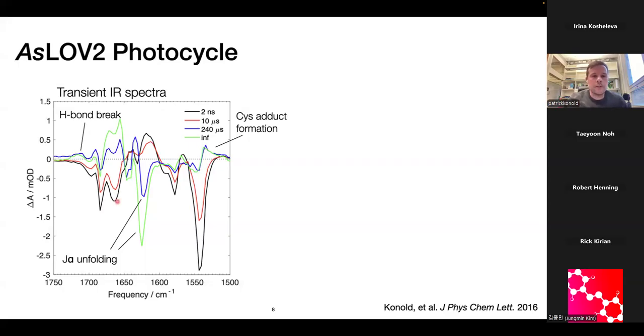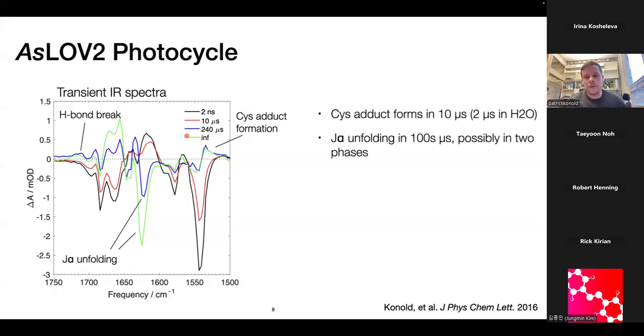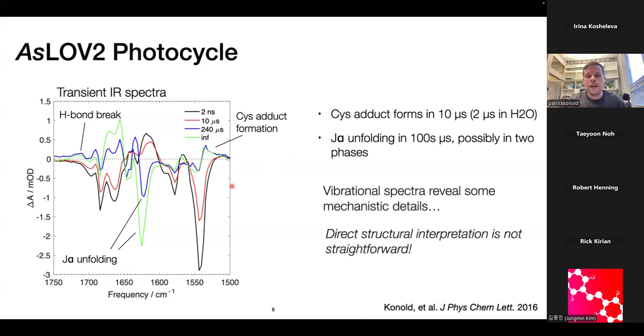So we also compared this infinite band, as I labeled here, to the steady state case, and this matches almost perfectly. So we're pretty confident that we capture most of the internal structural dynamics of the system. As I mentioned, we have the adduct formation and the J alpha unfolding, possibly in two phases.